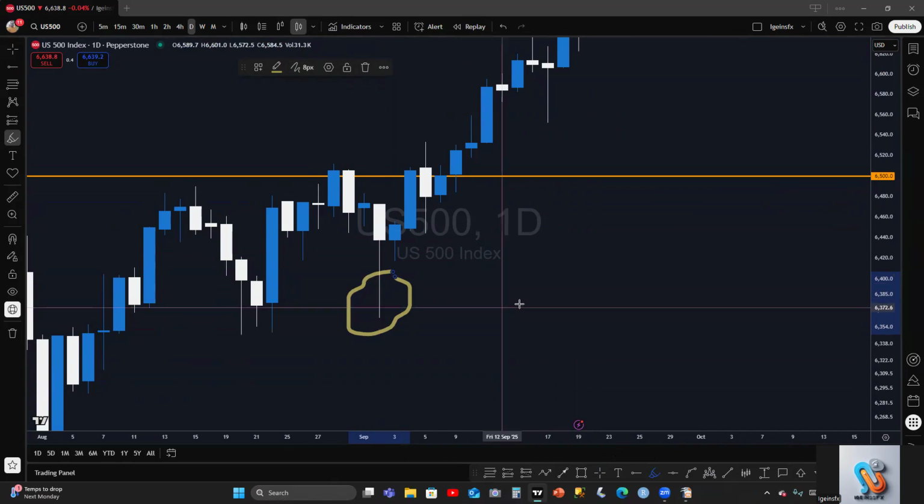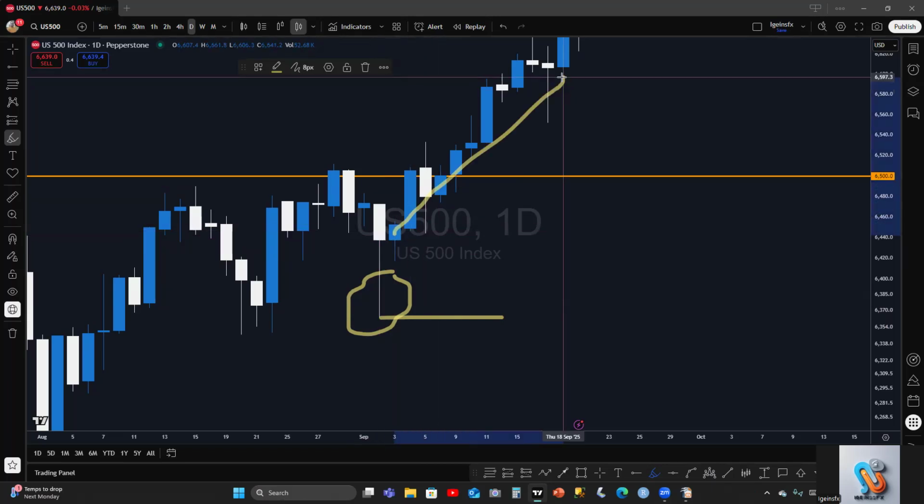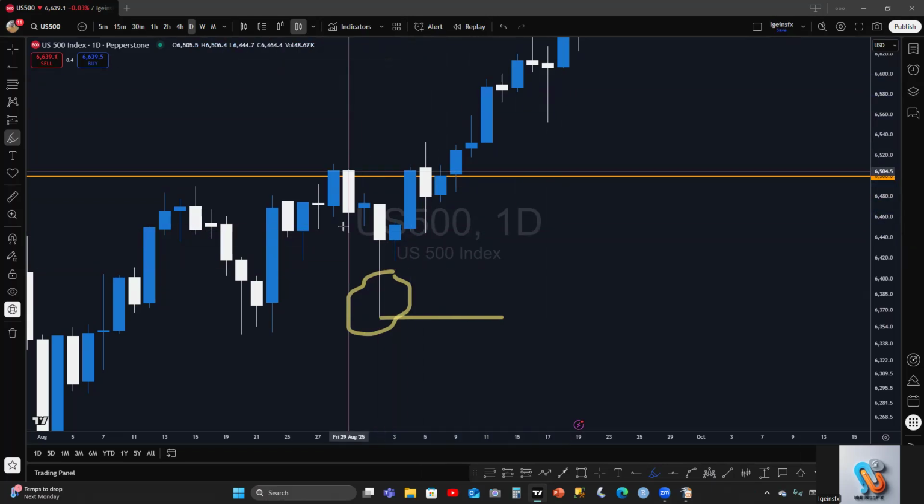And at the end of the day, sellers and buyers rejected the price to this level, and since then you see a push to the upside. It's as simple as that.